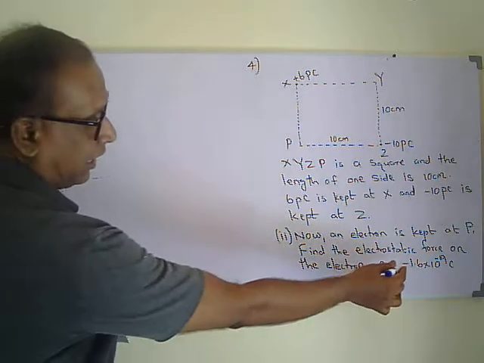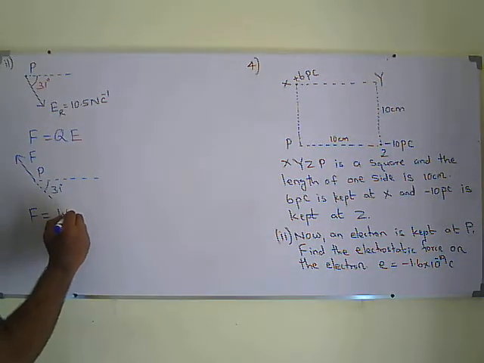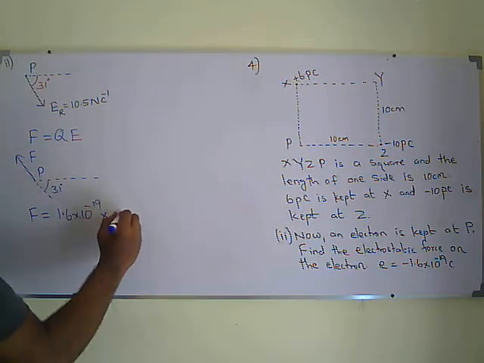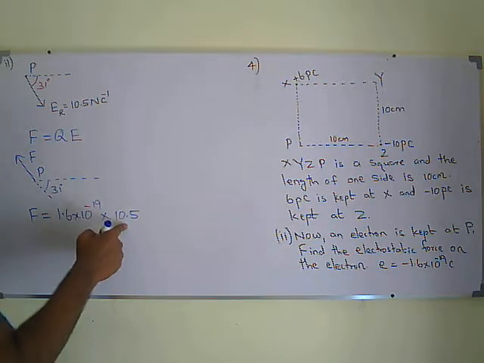The charge magnitude is 1.6 into 10 to the power minus 19, into 10.5, the electric field strength.